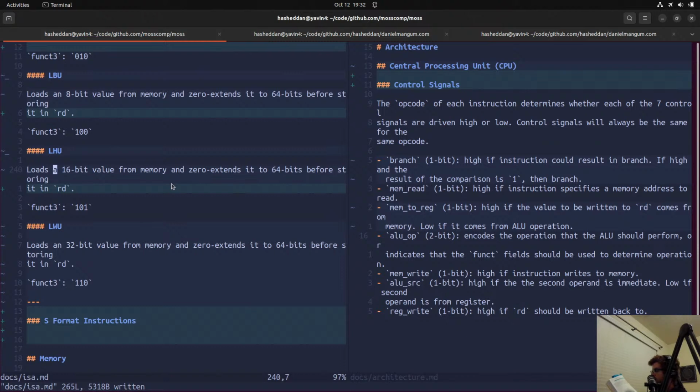So I think the sign extension is done outside the ALU in this case. Yeah, ALU op. So we're just calculating the address for the read data in the ALU for these load instructions.